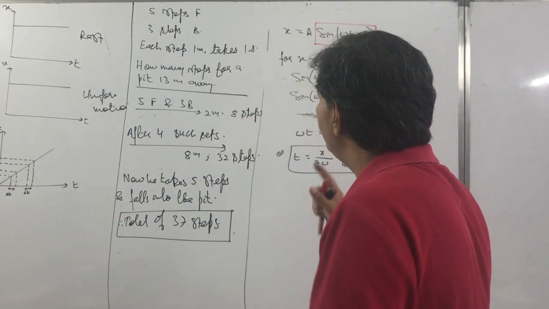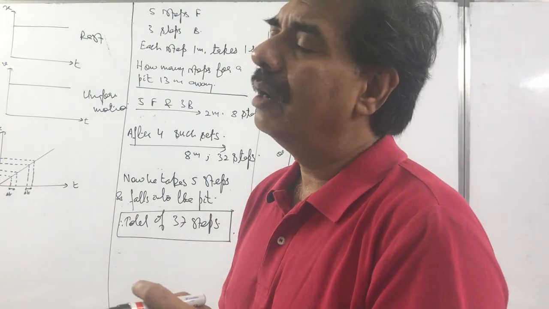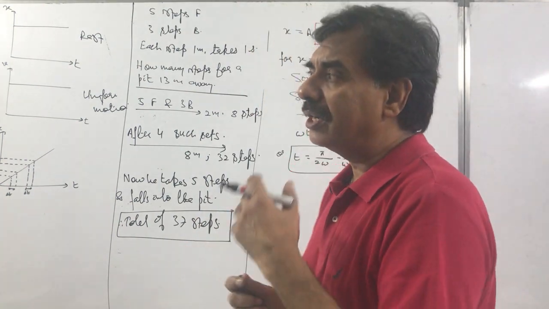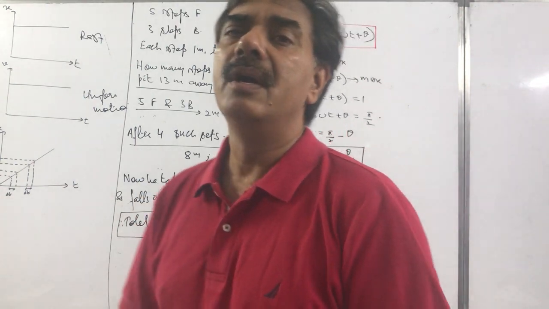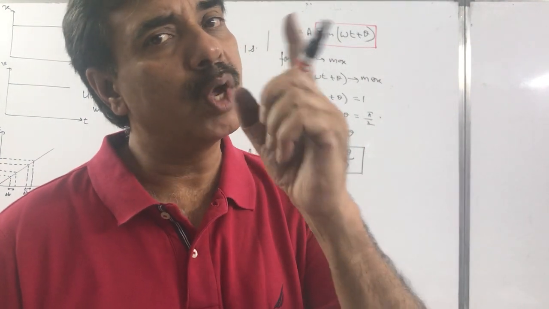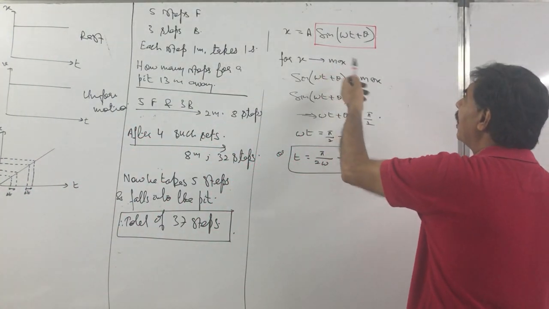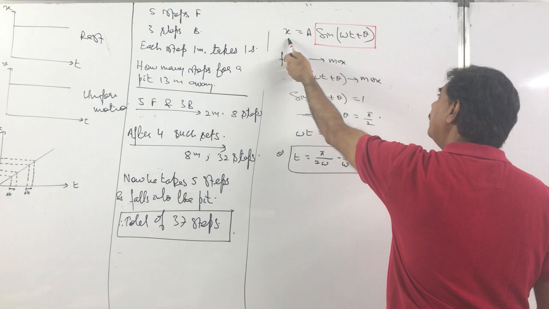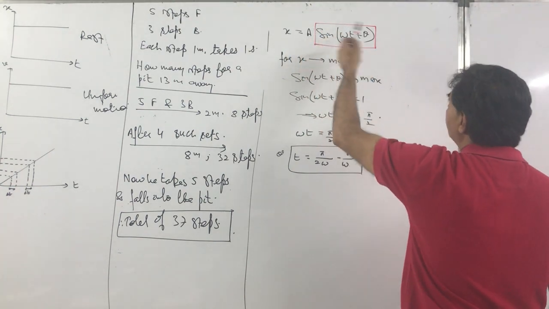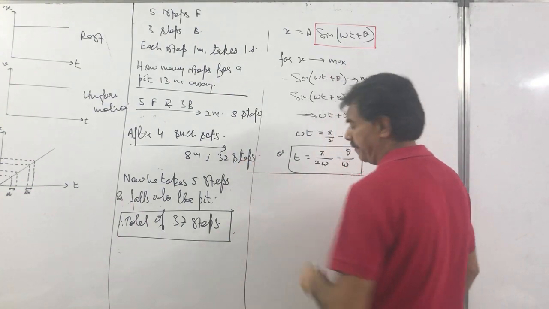Once you are able to work out such questions, the next time a question comes, you will think about it carefully. That is what I am trying to build. Maybe I am going slow, but I am surely moving on. And the maximum value of displacement of x will be a, because for the sine function the maximum is 1. Right?